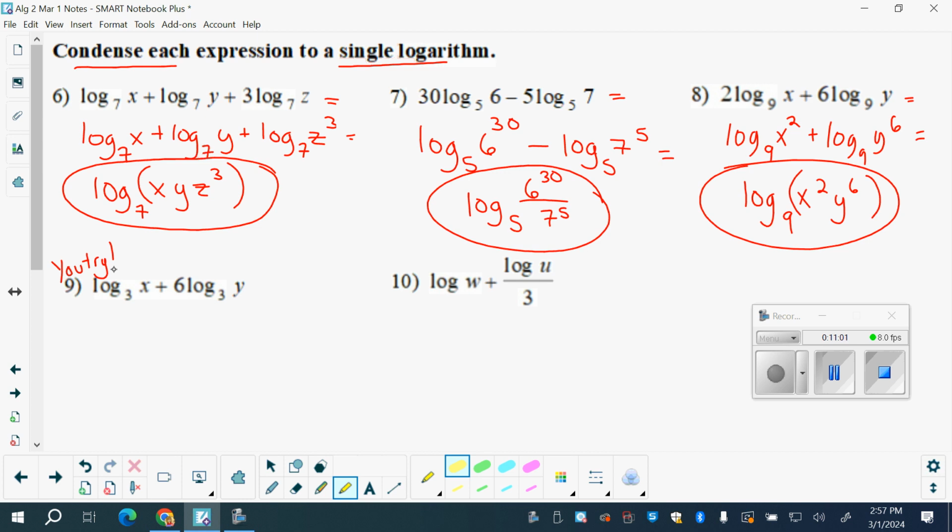Good. Log base 3. So first thing you want to do, rewrite log base 3 of x. So that right there, you're just rewriting, putting the x there. And then plus. We got to move this. Where do we move it to? So since it's in the front, we're going to move it to the exponent. Yep.